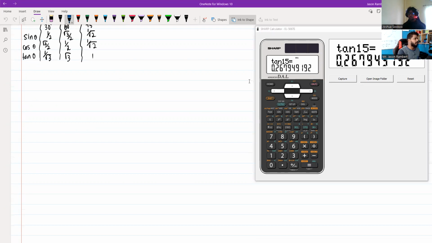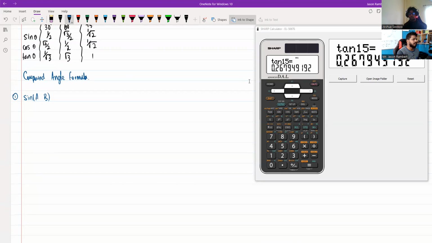So my compound angle formula, first, I have sine of A plus B. Next, I'll have sine of A minus B, then cos of A plus B, cos of A minus B, and the same thing for tan.